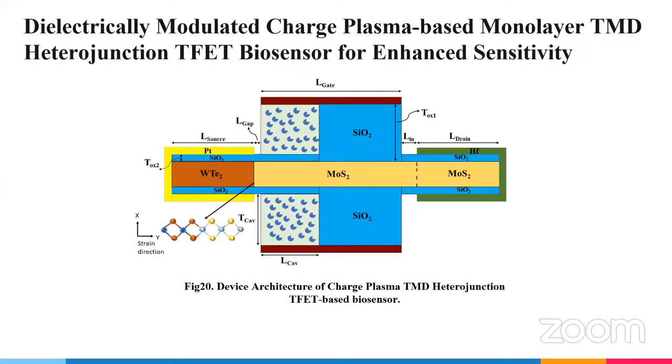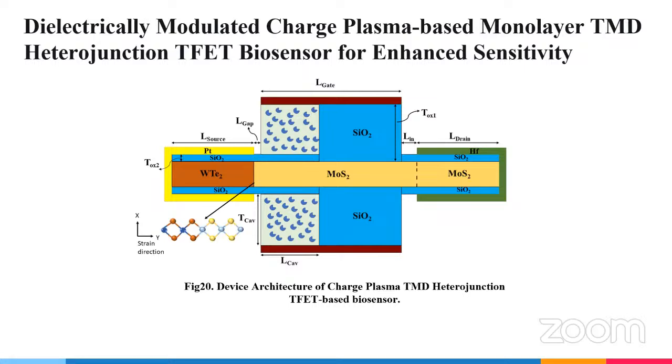So at the interface, when WTe2 and MoS2 are bonded, the lattice constants of WTe2 and MoS2 are different. The lattice constant of MoS2 is 3.19 and the lattice constant of WTe2 is 3.35 angstrom.